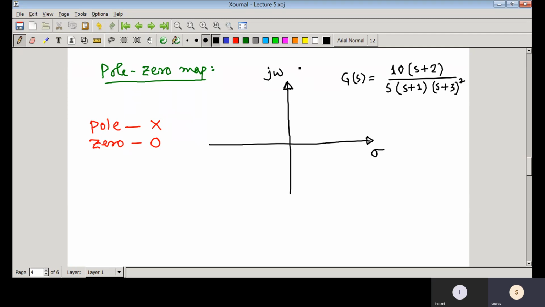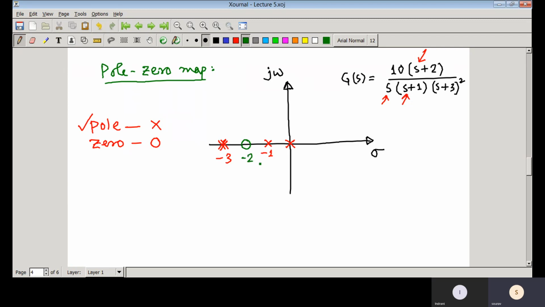Now we have a pole here at s equal to 0, shown with the cross symbol. Another pole is at -1, and the other two poles are at -3, so two poles are there. Then you can see there is a zero at -2.